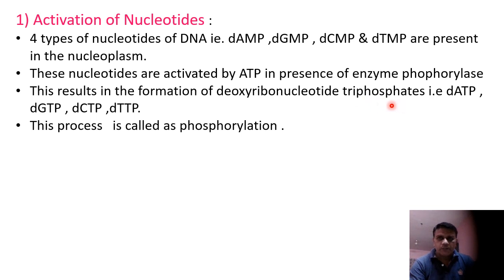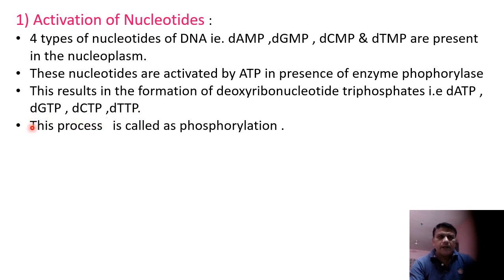These triphosphates produced are dATP, that is, deoxyribonucleotide adenine triphosphate, then deoxyribonucleotide guanine triphosphate, then deoxyribonucleotide cytosine triphosphate, and deoxyribonucleotide thymine triphosphate.